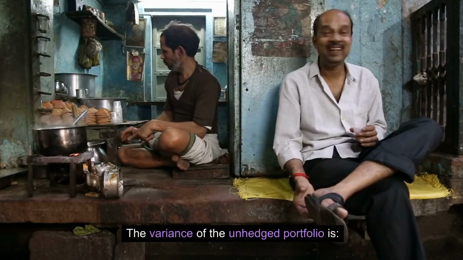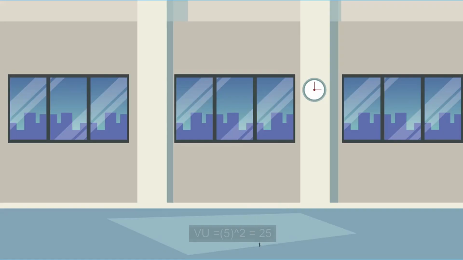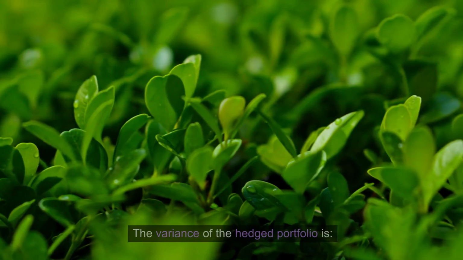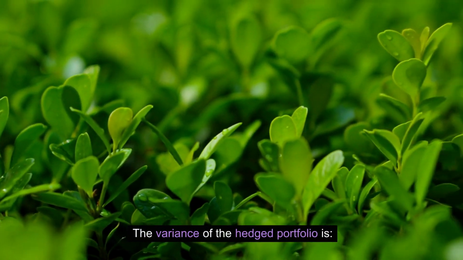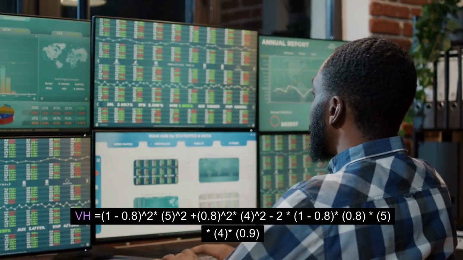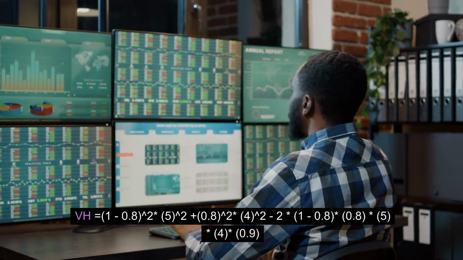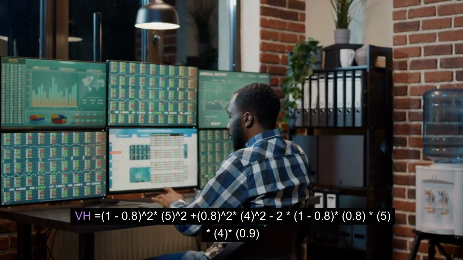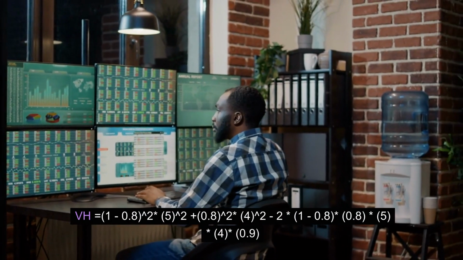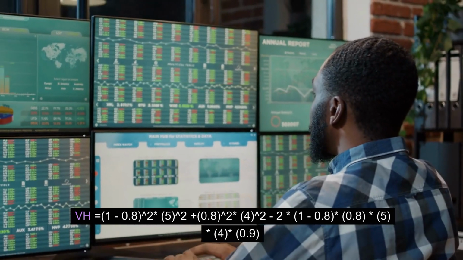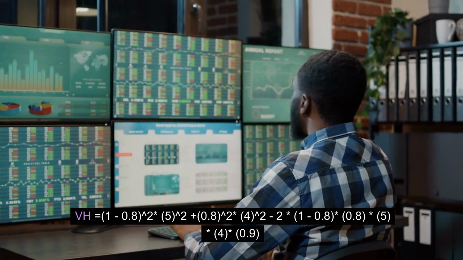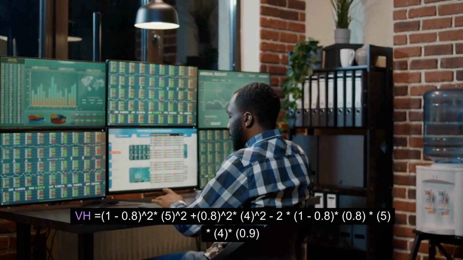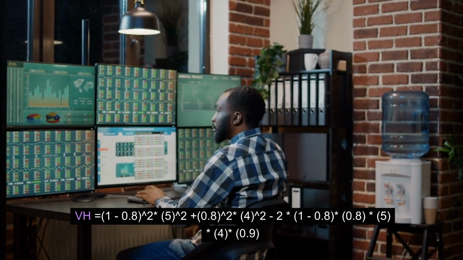The variance of the unhedged portfolio is VU = 5^2 = 25. The variance of the hedged portfolio is VH = 1^2 * 5^2 + 0.8^2 * 4^2 - 2 * 1 * 0.8 * 5 * 4 * 0.9.